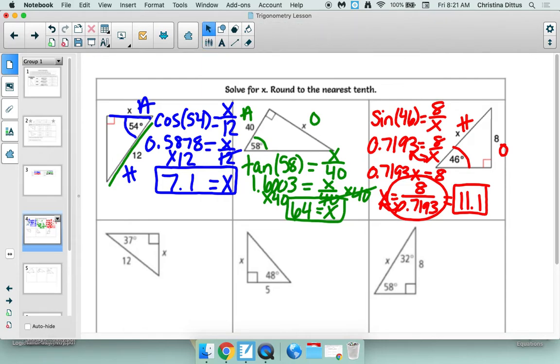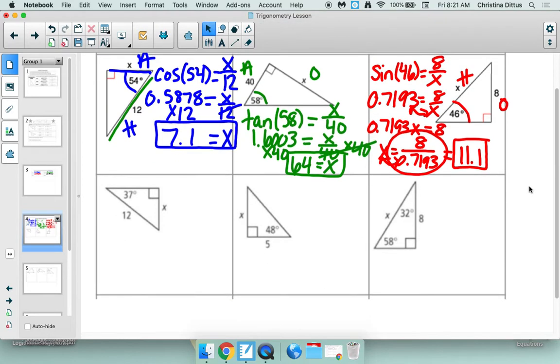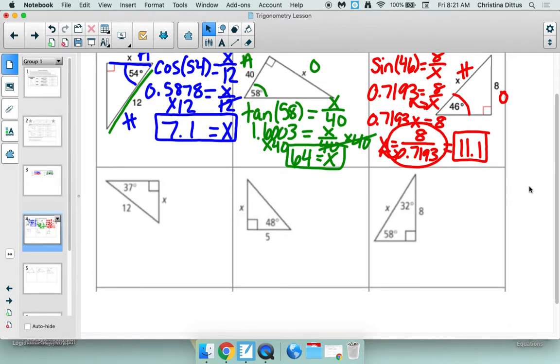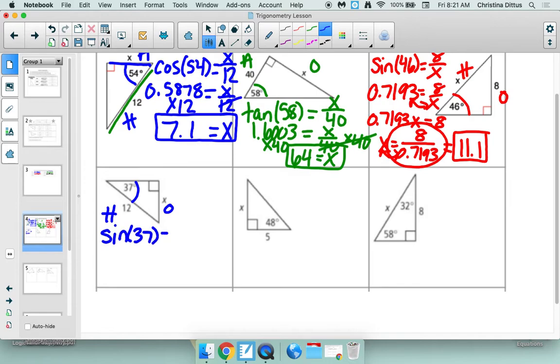Alright, down here, what angle am I looking at? 37. From 37's point of view, what is x? Opposite. What's 12? Hypotenuse. What do I have going on? The sine. So I'm going to take the sine of what? 37 equals what over what? X over 12. Good. Opposite on top, hypotenuse on bottom.